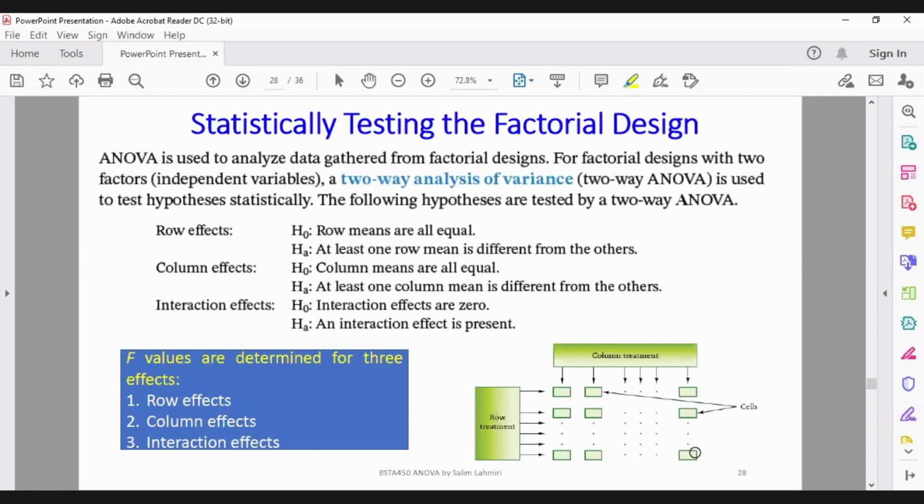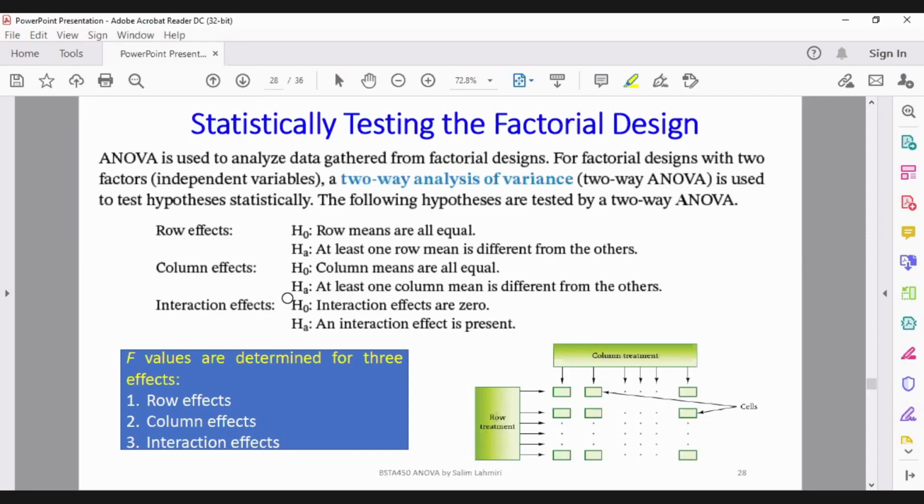Now, the beauty of two-way ANOVA is adding interaction effects. The difference between one-way and two-way ANOVA is the inclusion of interaction effects. Under one-way there are no interaction effects, but under two-way ANOVA there are. For interaction effects, H0: the interaction effects are 0.